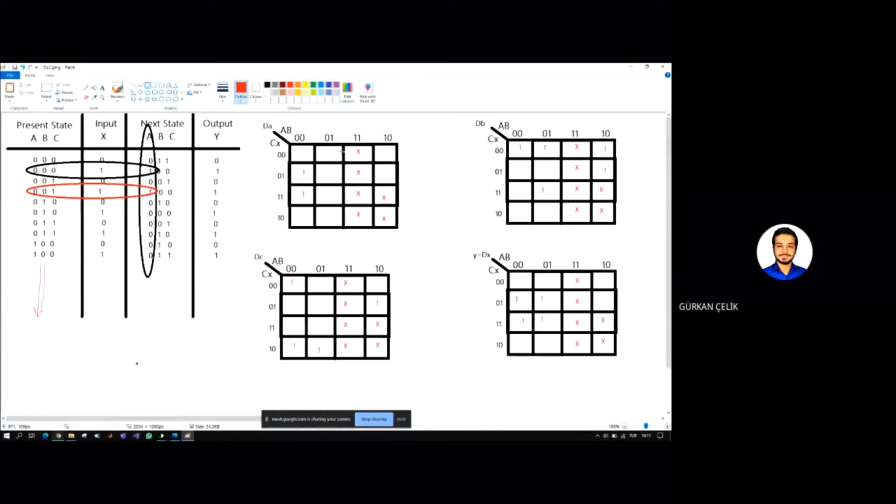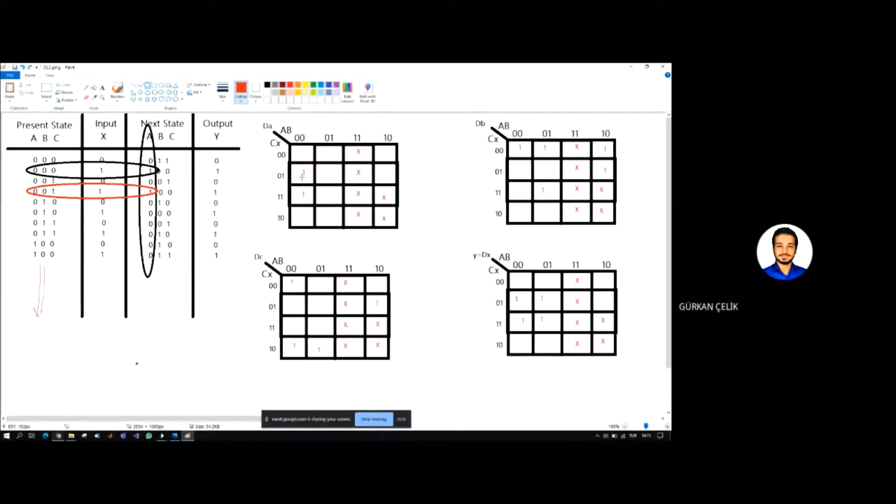If it helps us create larger circles, then we insert these X's into the circles. If not, then we don't use them. Here we have ones. We can use these two. Also, we can use them one by one as well. It's also true, but you have to write the expressions in a much harder way.